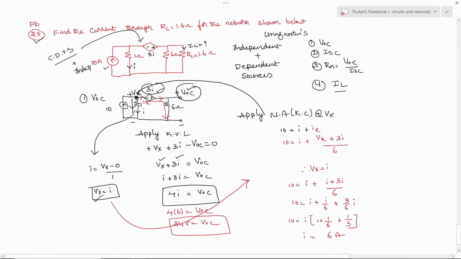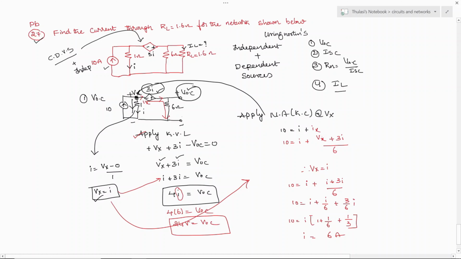So I repeat how this problem is technically solved. First link all the voltages Vx, this voltage source, and VOC. And here you got two unknowns. First unknown I solved assuming from the definition Vx is equal to I. But once again an unknown is there. How I'm solving this unknown is by applying nodal analysis at Vx.